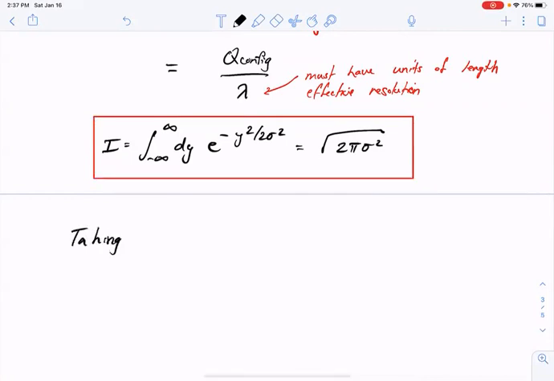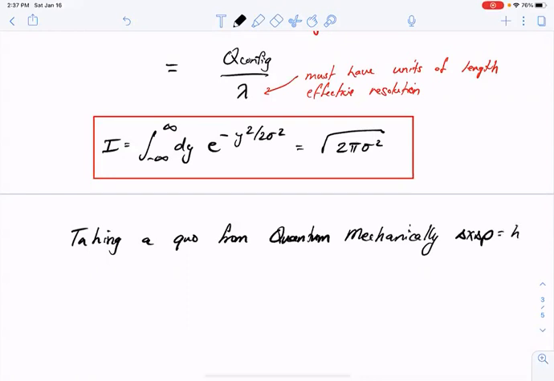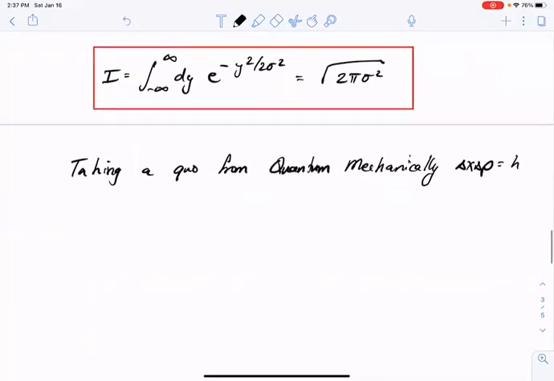If we, in addition, note that quantum mechanically a reasonable choice of resolution would be that delta x times delta p is Planck's constant, that gives us a way of counting states that turns out to be reasonable. We would arrive at a definition for this so-called thermal wavelength, which is Planck's constant over the square root of 2 pi m over beta. That's the thermal wavelength of a particle with a mass m and a temperature T.